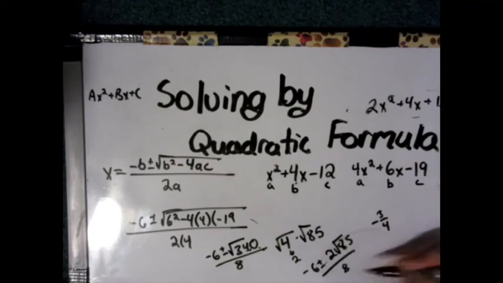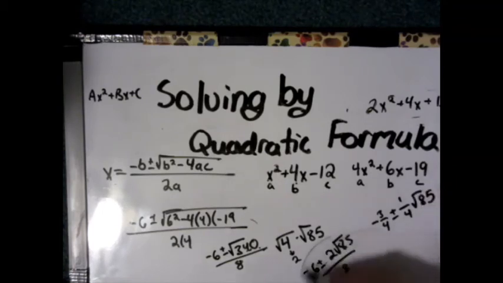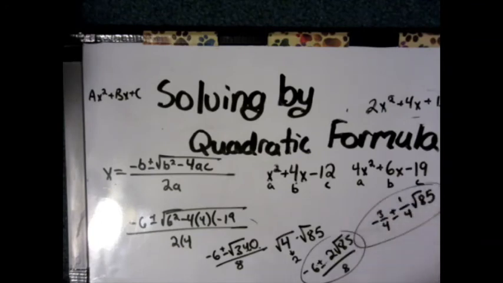So negative 3/4 plus or minus 1/4 square root 85. So this could be our answer, or this could be our answer, depending how far we need to simplify it or want to simplify it, I guess. Alright. And just remember that plus or minus can break it into 2 pieces.